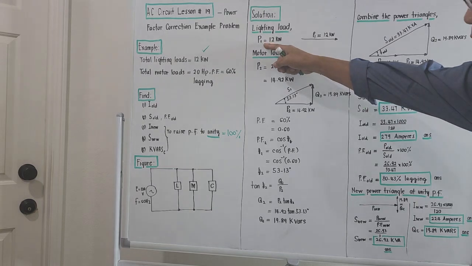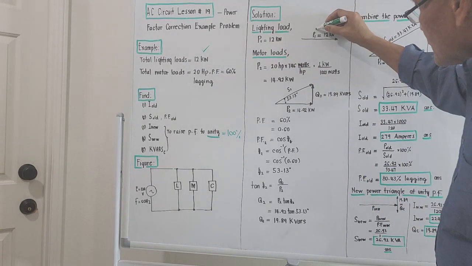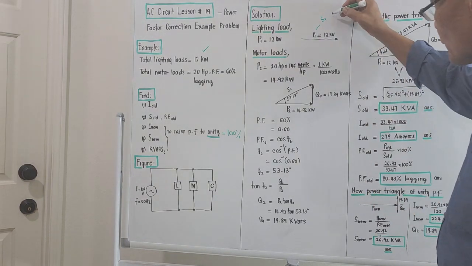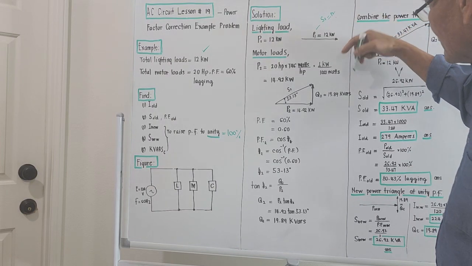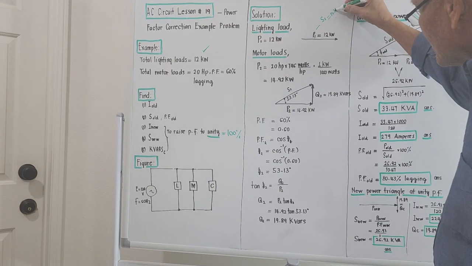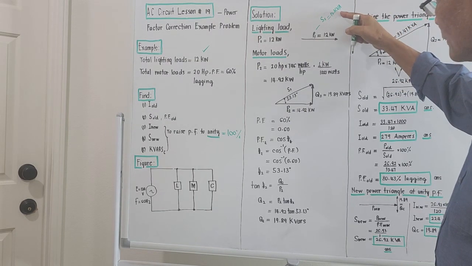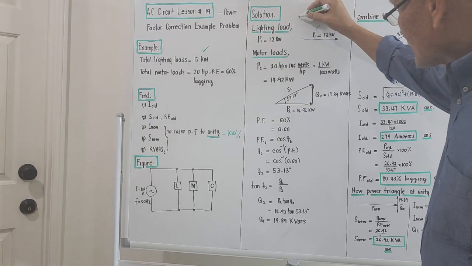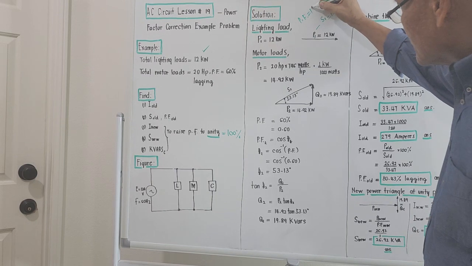So P1 here is equal to 12 kilowatts, and that is actually the same as S1. S1 also will be 12. It should be kVA. Because P1 and S1 will be equal when the load is lighting. Because the power factor for a lighting load is equal to 100%.